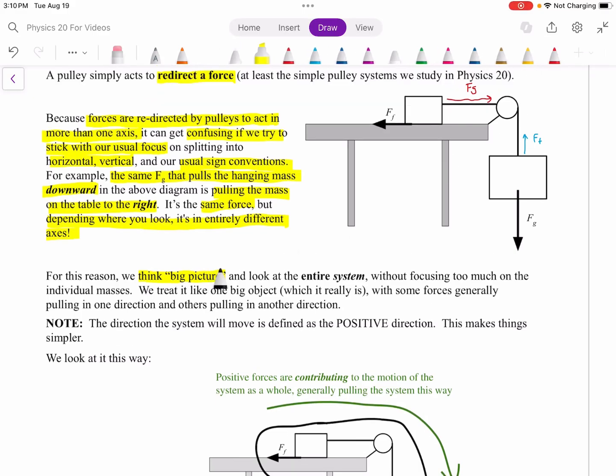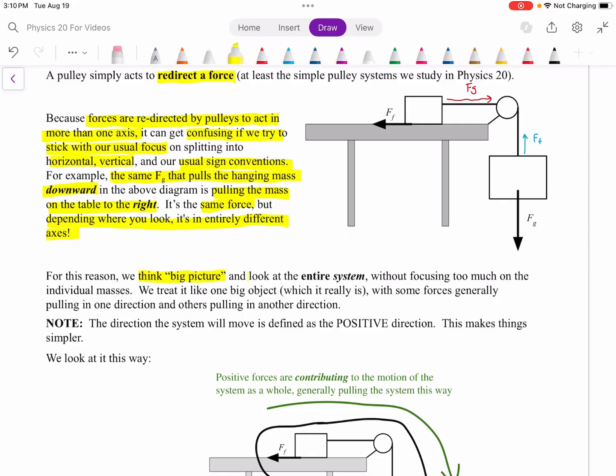So instead of getting too obsessed with this is one mass, this is a different mass, this is feeling forces, this is feeling forces, we recognize that really because they're connected, this is like one big thing. It's a big mass that has different forces acting on it, right?